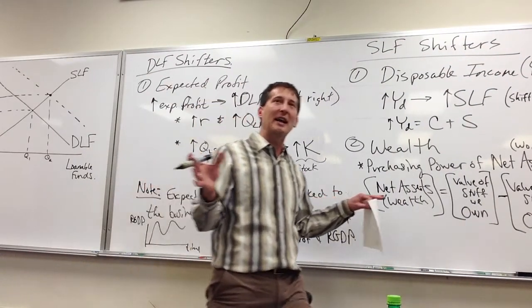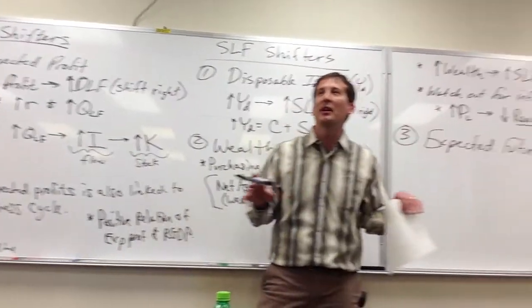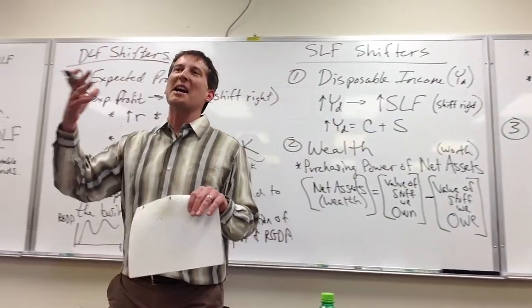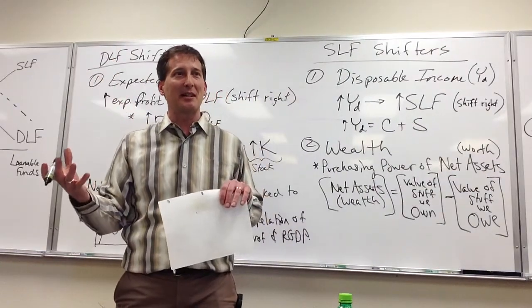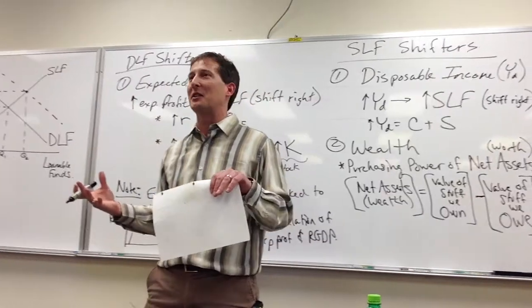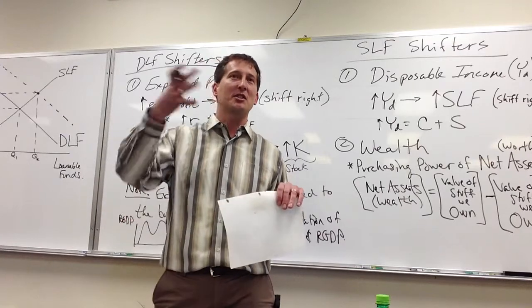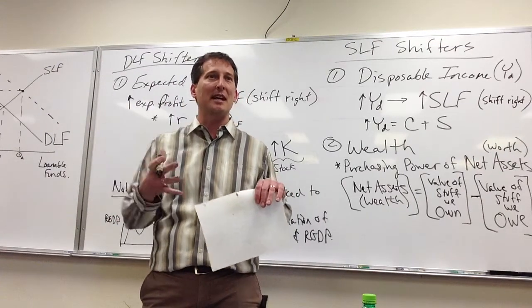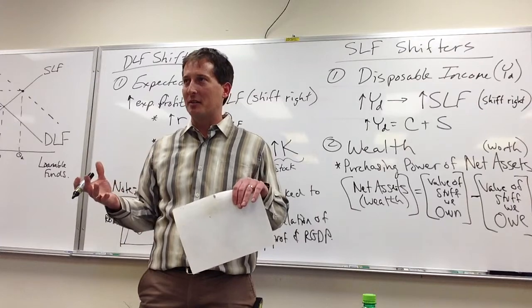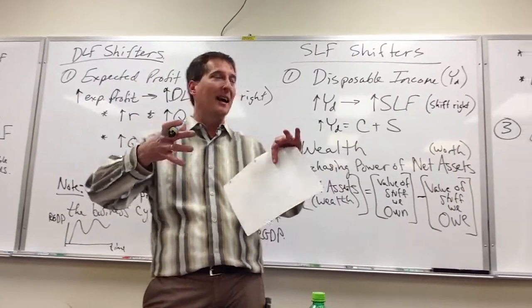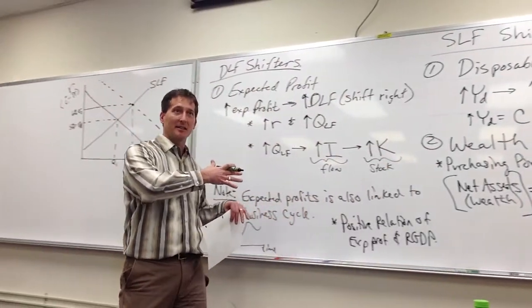Now, college kids are great at this. I know I was great at it when I was your age. If you have more expected future income because of the job you think you're going to land once you get out of here, do you tend to consume more today or less today? More. More consumption today means less savings, right?